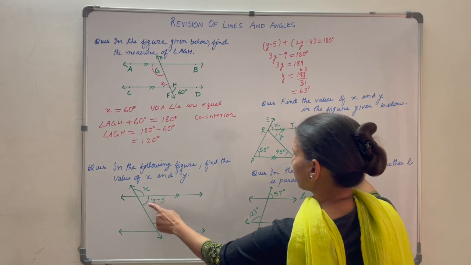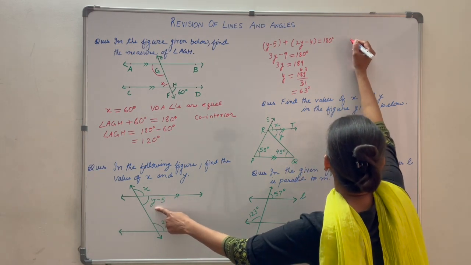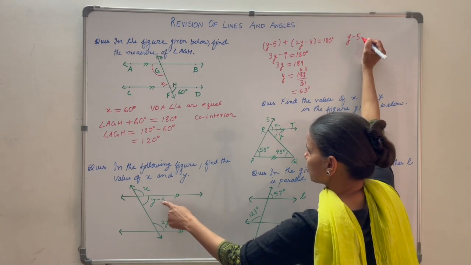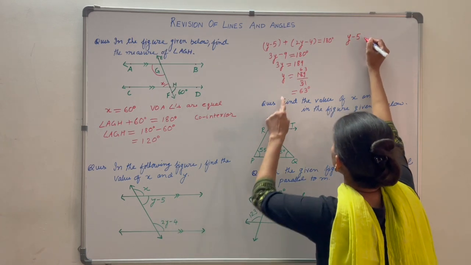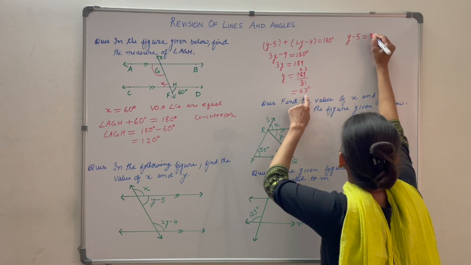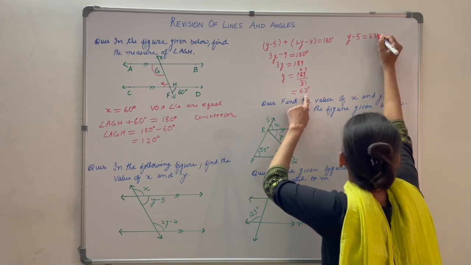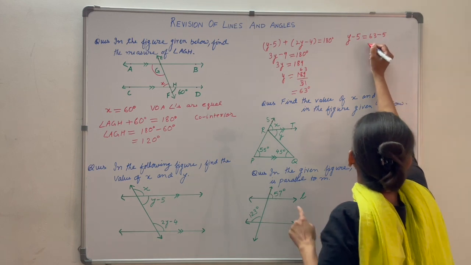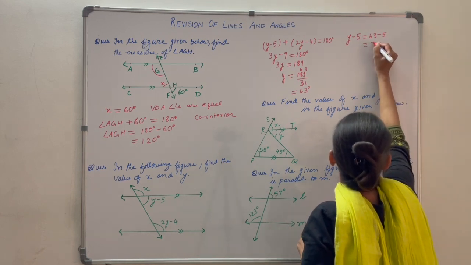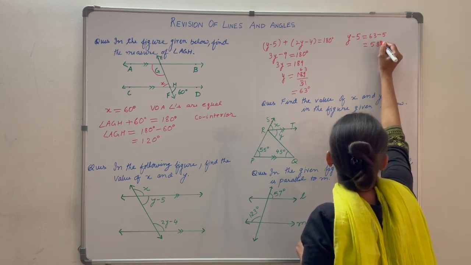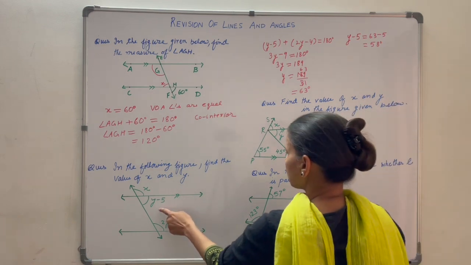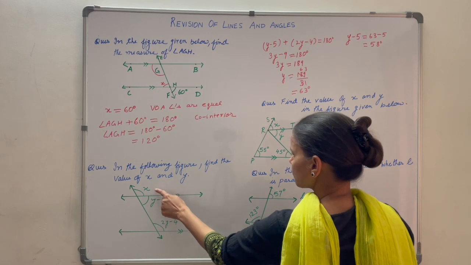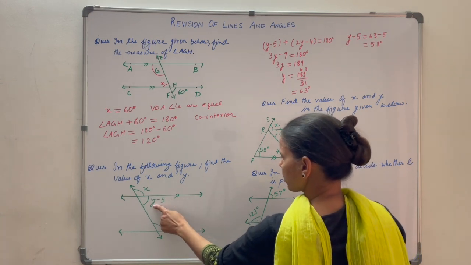So let us find out this angle, that is y minus 5. So y minus 5 is how much? You got the value of y is equal to 63. 63 degrees minus 5 is equal to 58 degrees. So you got y minus 5 equals 58 degrees. So these two are a linear pair.